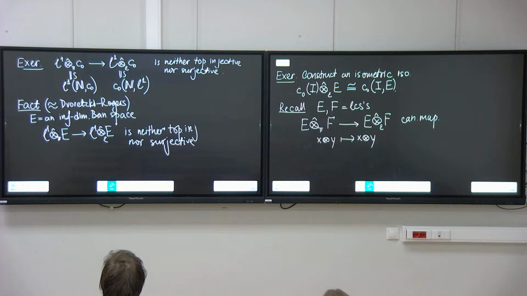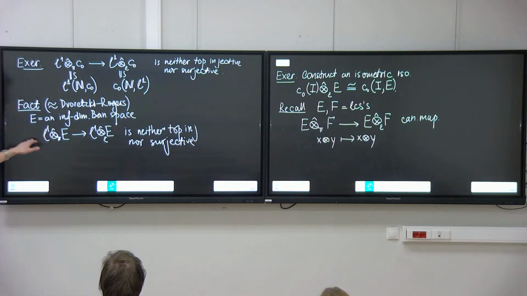In the classical form, which is originally due to Dvoretzky and Rogers, this result states that in any infinite dimensional Banach space, there exist summable families which are not absolutely summable. And this is just a restatement of this result in terms of tensor products.